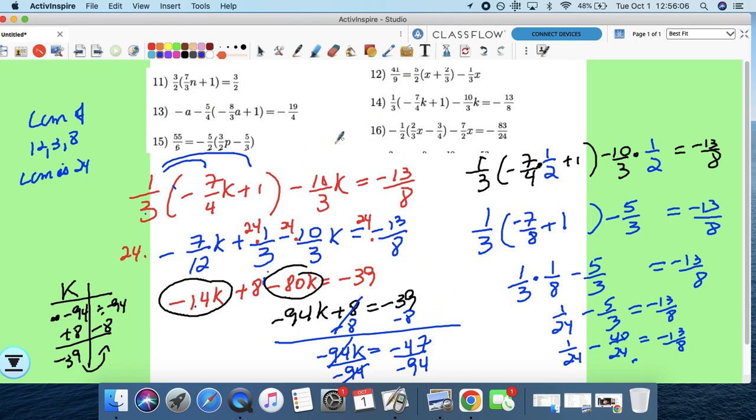This is number 14. Negative 7 over 8 plus 1, minus 10 times k, which is a half. So that is 5 over 3. Okay, that's okay. 1/8.